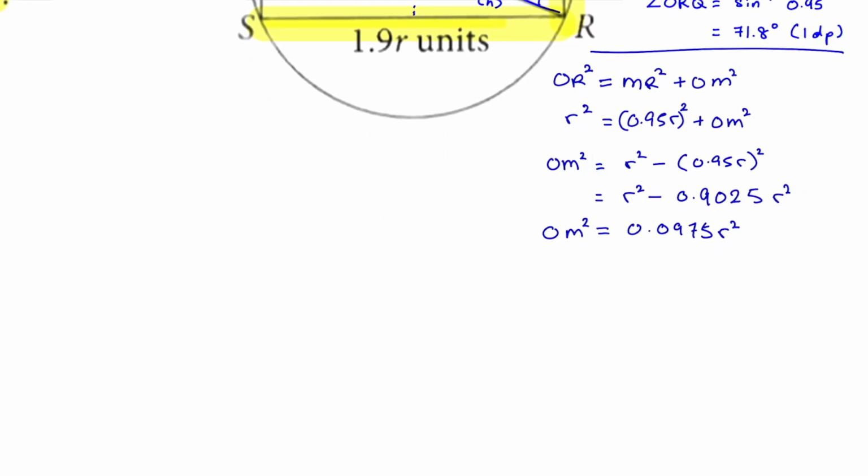Then I want to square root, so it equals square root of 0.0975r square. Just need to square root the numerals. 0.0975, oh, this is a huge number, equals 0.31225r, 5 SF.